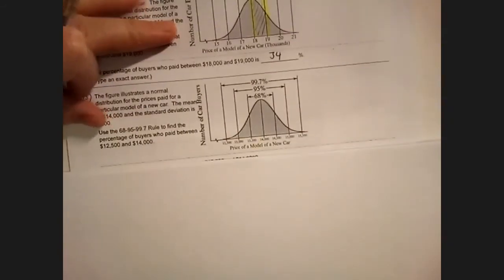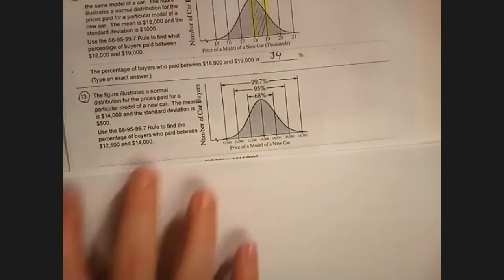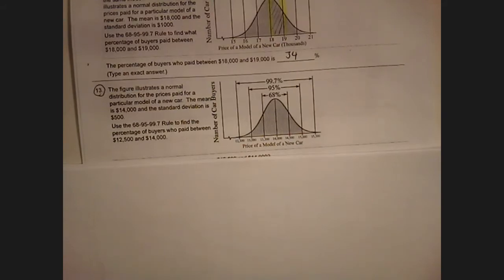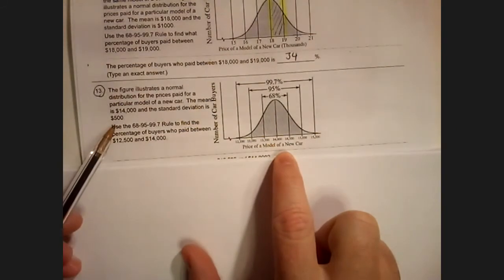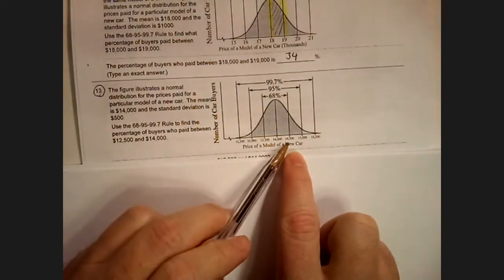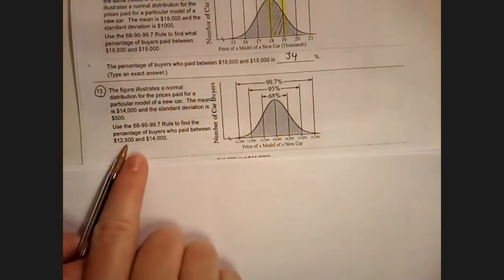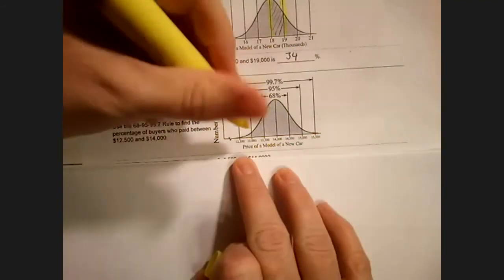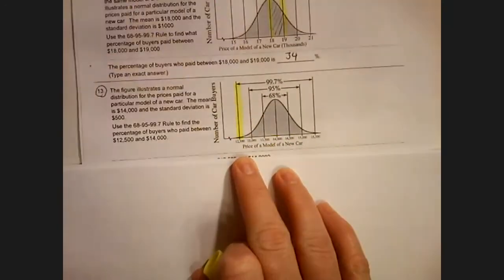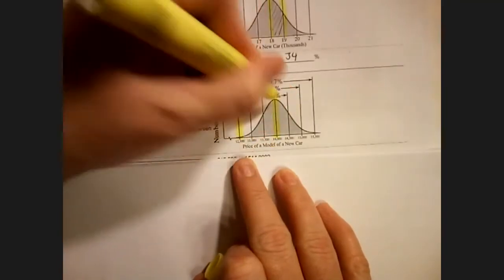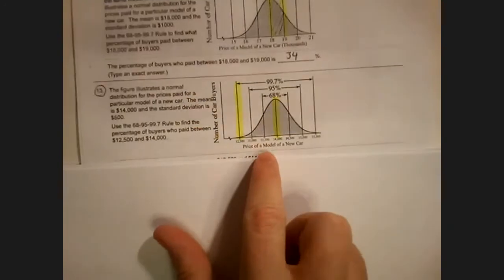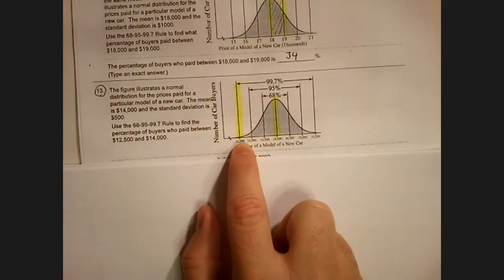All right, 13. Let's see what they're wanting us to do here. The figure illustrates a normal distribution for the prices of the car. The mean is 14 grand. The standard deviation is only 500. It wants us to figure out what percentage is between 12,500 and 14,000. Well, 14,000 was my mean. So in this case, this little line lines up to 99.7.